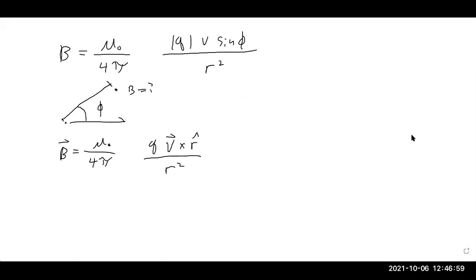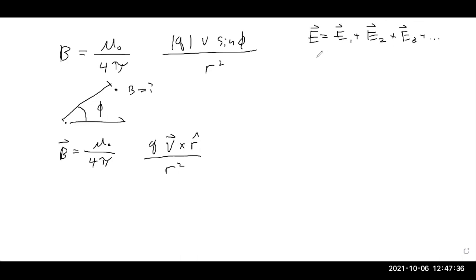So what if there were multiple charged particles? Well, for electric fields, if there are multiple charges that have an electric field, the electric field at any given point comes from the vector sum of the contributing electric fields.